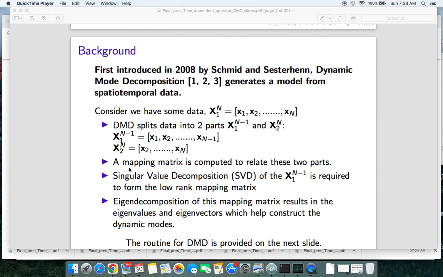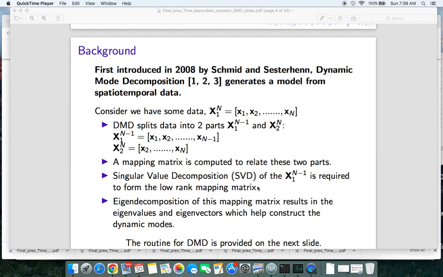Okay. A mapping matrix is computed to relate these two matrices. So it's more like we seek a matrix that can be multiplied by this first part so that we get this second part.